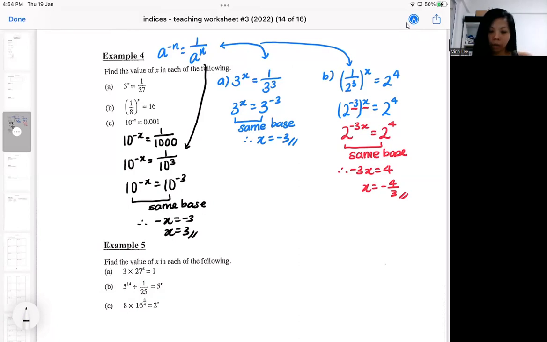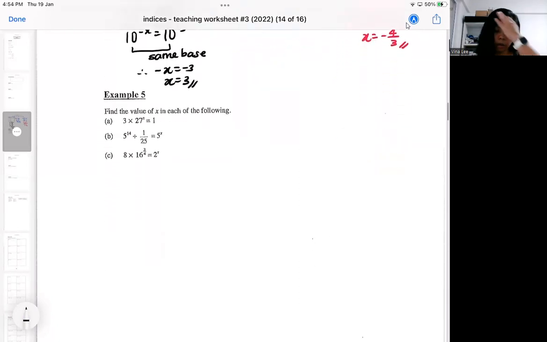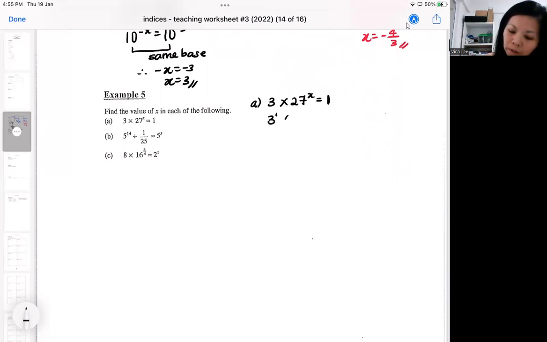If you go on to example 5, we actually got more rules. In example 5, let's talk about A. At first glance, they are all different bases. I mentioned in one of the previous examples that 1 can use the power 0 rule. 1 is flexible enough for me to change to any base that I want. So in this case, 27 is actually 3 cubed.